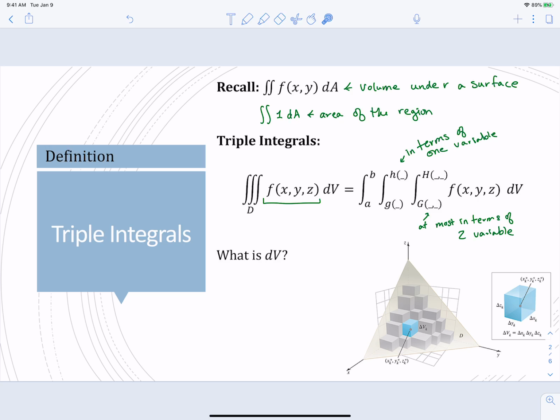Well, when we're looking at our region in terms of x, y, and z, it's going to be a three-dimensional region. So our region is going to look something like this. It's going to be some sort of shape that we've made. In this case, this is sort of a triangular solid here, but we want to do what we've done always with our integrals.